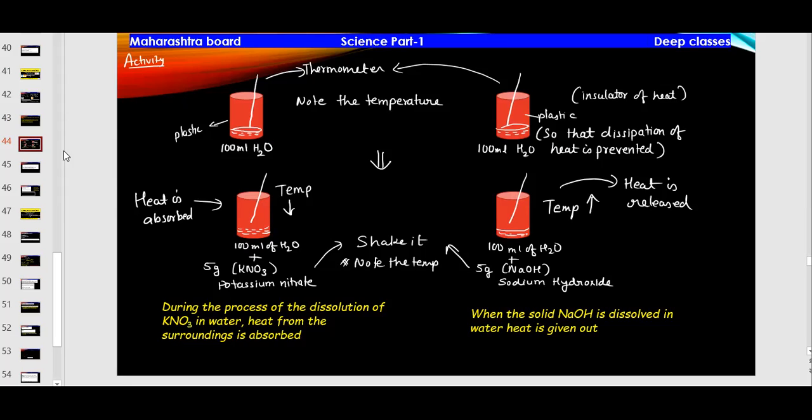So we can write this is an endothermic reaction and this is an exothermic reaction. From this activity, we found out which one is endothermic and which one is exothermic.